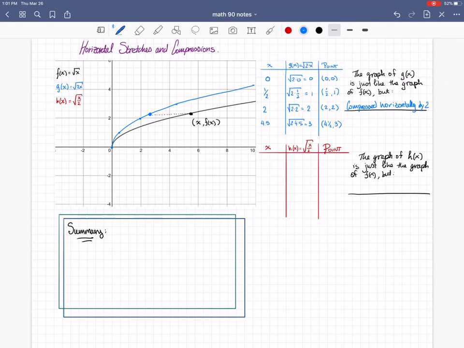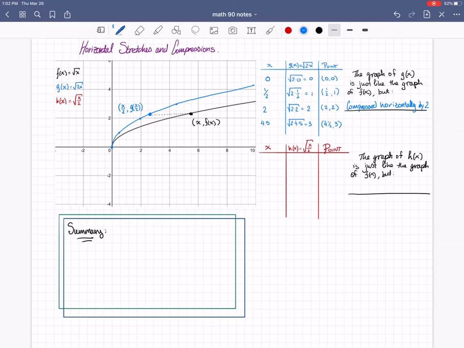But the x-coordinate of the blue point is half of the x-coordinate of the black point. So the x-coordinate of the blue point is x over 2, okay? So the y-coordinate, therefore, is g of x over 2.